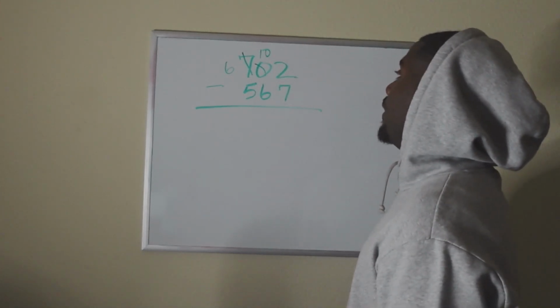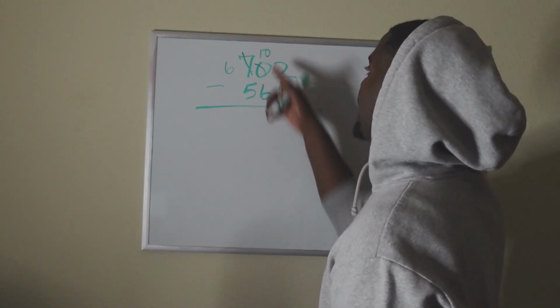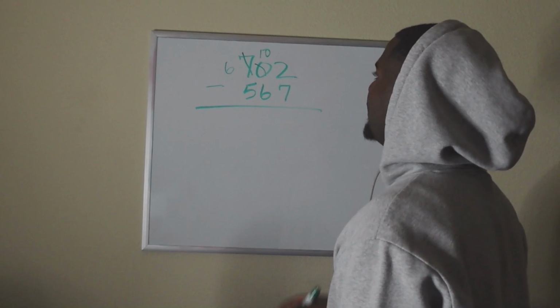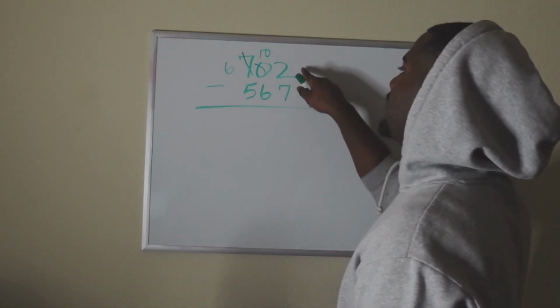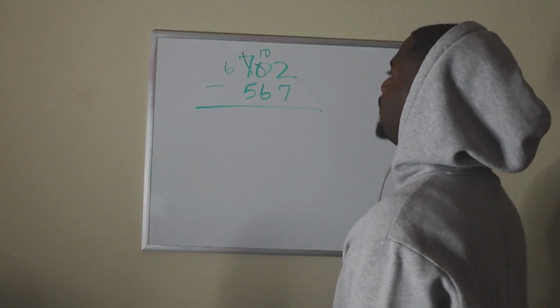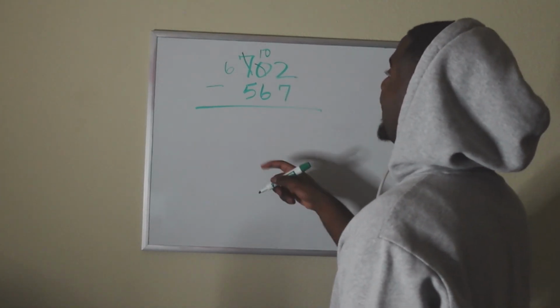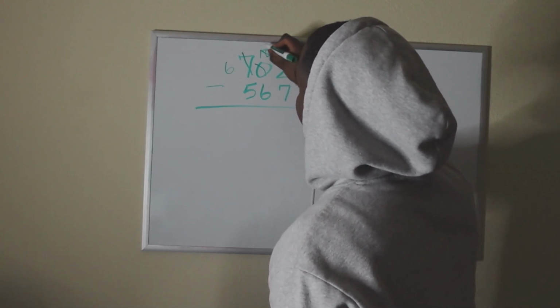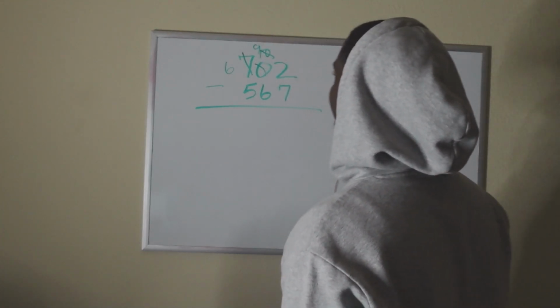So being that we have 10 here, now we have enough to borrow from our ones place, right? Being that 2 is less than 7, we can't subtract it. So we have to borrow from the tens place. When we borrow from the tens place, this 10 that we got from over here now becomes the number 9, right?